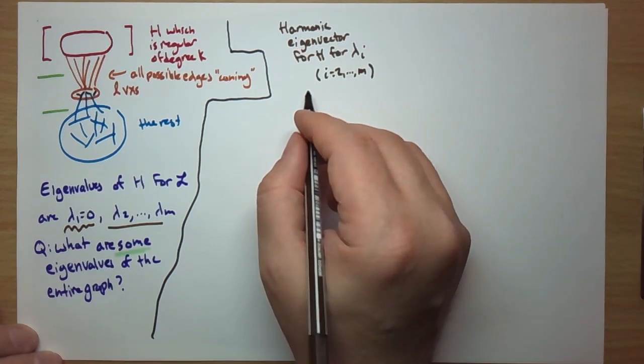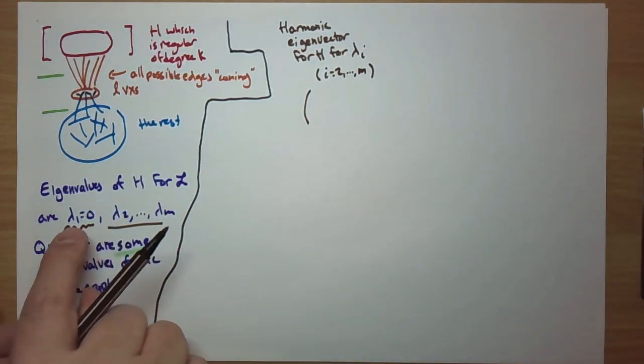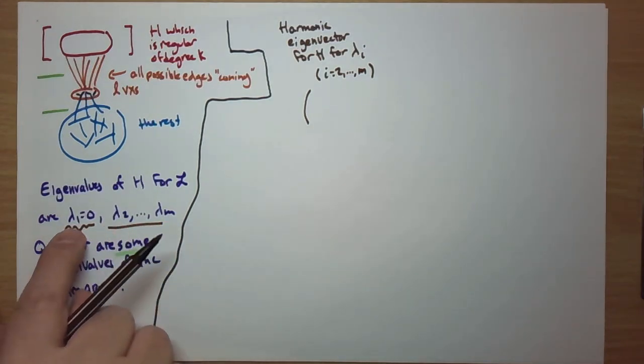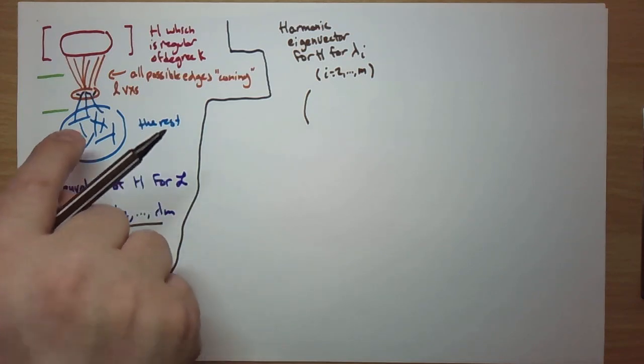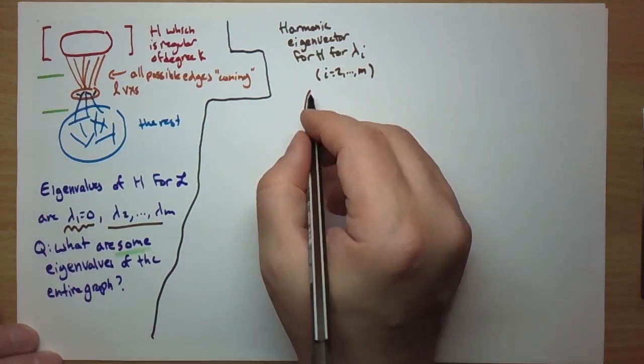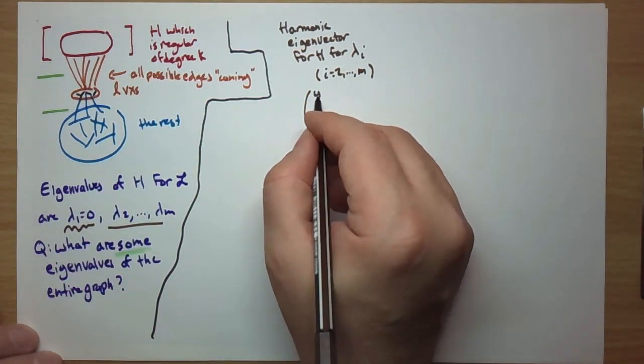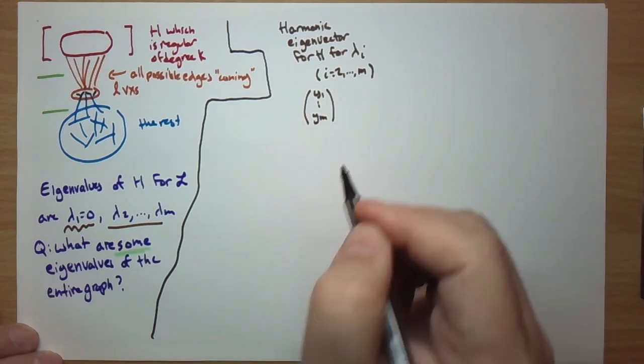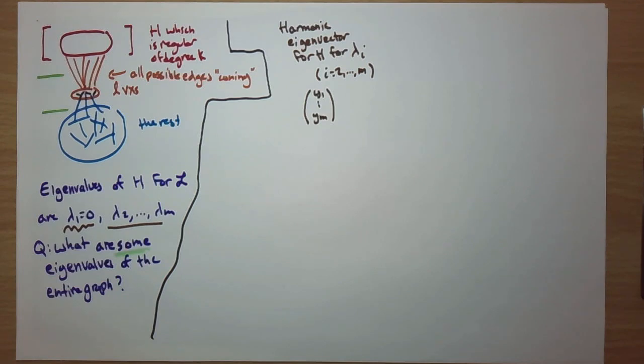So what does it look like? Well, I didn't say it out loud, but since I gave m eigenvalues for H, I'm going to assume that there's m vertices. So I'll call it y1 down to y sub m. Okay, so there's the harmonic eigenvector.